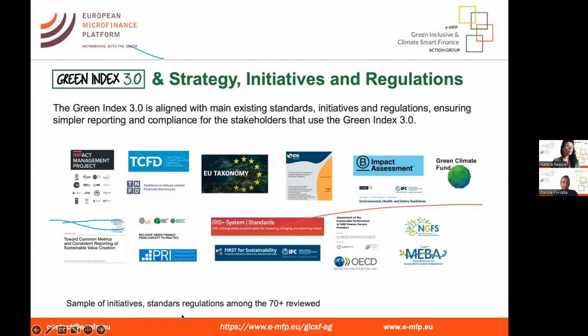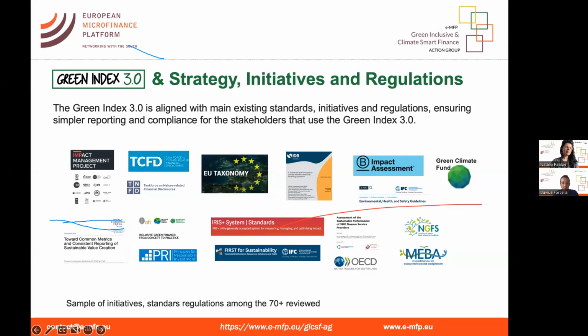But in the last review and update of the Green Index, with the 3.0, we have been spending quite a lot of energy to analyze quite some initiatives, standards and regulations. We went through more than 70 to ensure that the new version, Green Index 3.0, is aligned as much as possible with some of the existing or forthcoming regulations as well as standards.